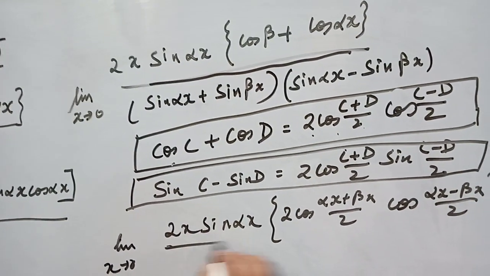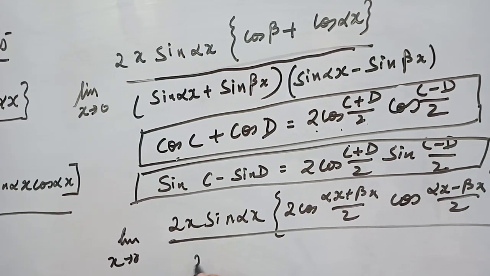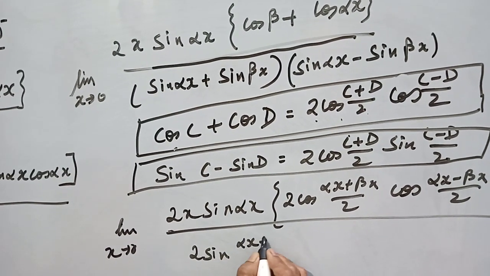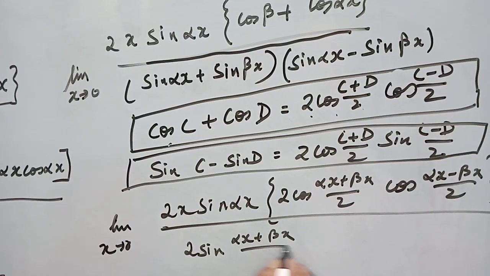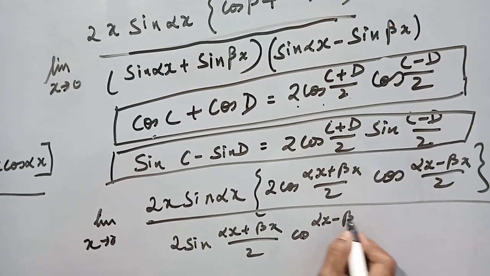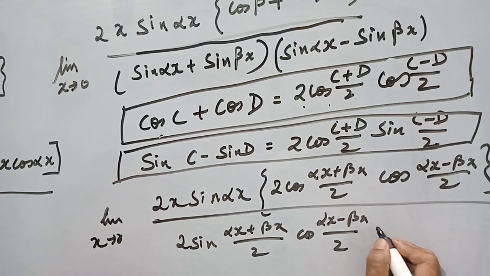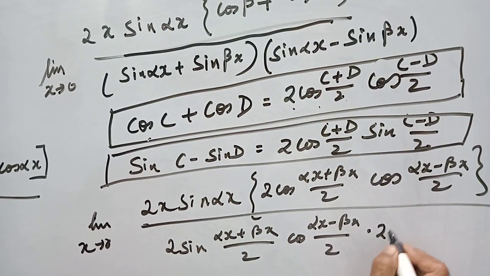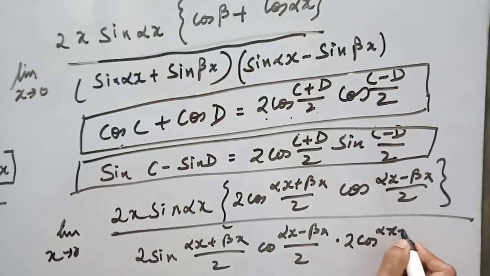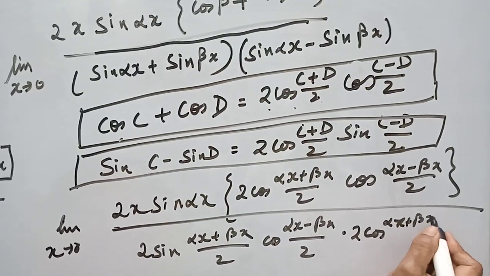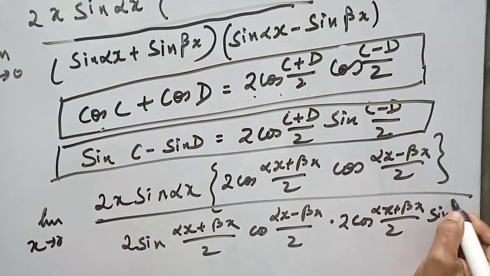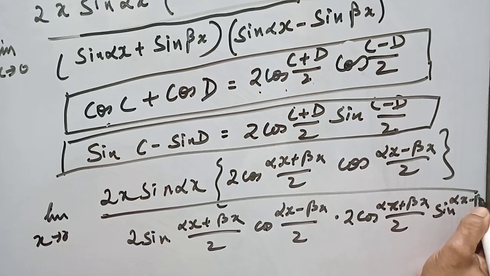And here also 2 sin (alpha x plus beta x) by 2 into cos (alpha x minus beta x) by 2, into again 2 cos (alpha x plus beta x) by 2 into sin (alpha x minus beta x) by 2.